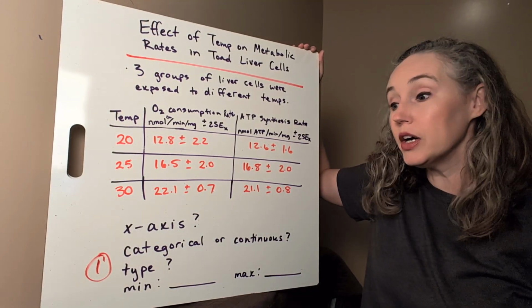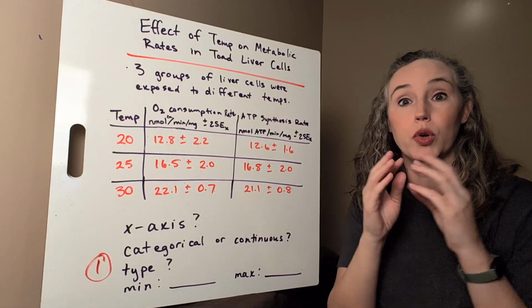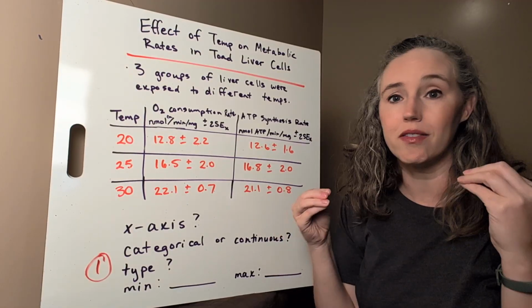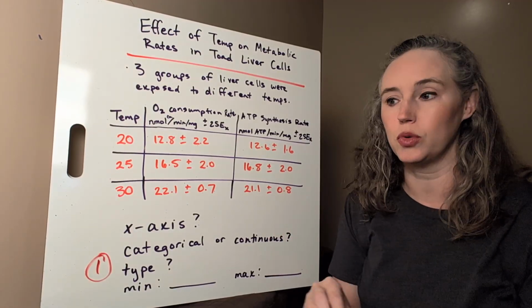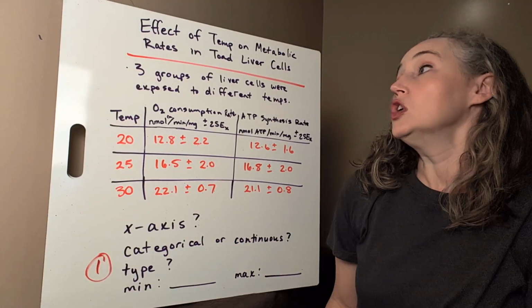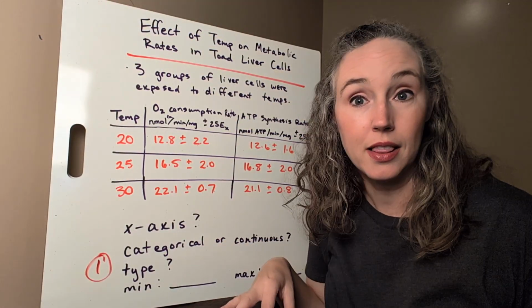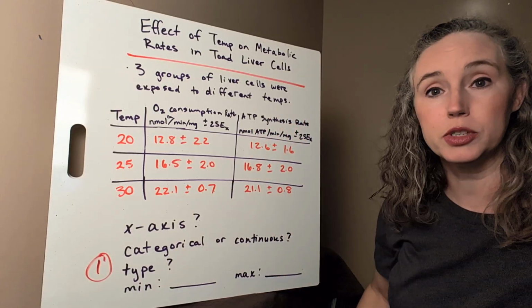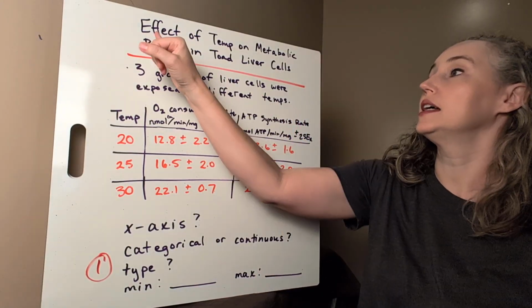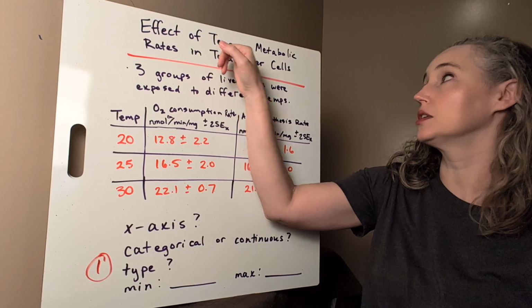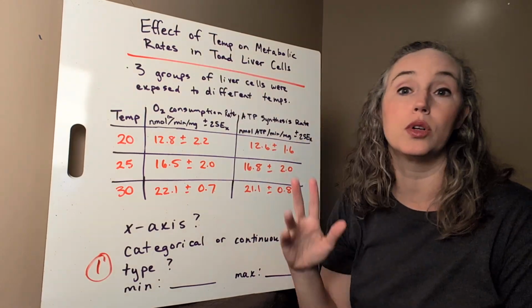All right, so we are going to go through what I would consider a very AP style example. So let's imagine that this is an FRQ number 2, and it's looking at the effect of temperature on metabolic rates in toad liver cells.